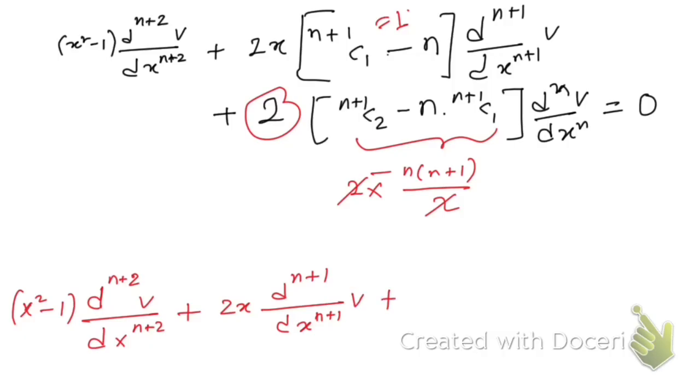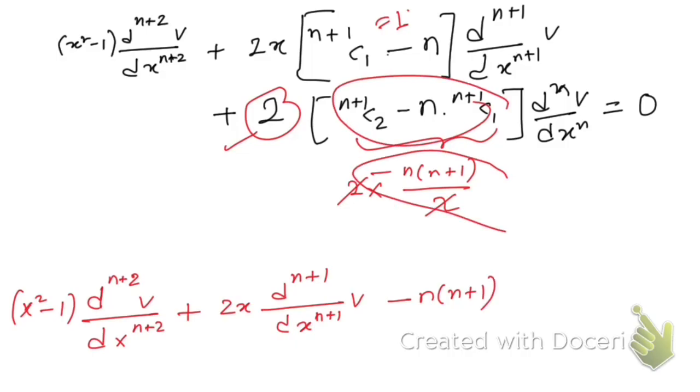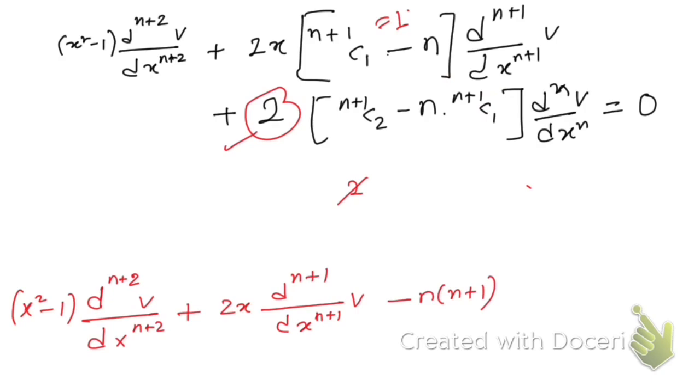Then plus, so these two cancel, so we have got minus n into n plus 1. So instead of this part, if you put this value, then these two will cancel, right? Hope you have understood this. So we're going to have n minus 1 into n plus 1, sorry, minus n into n plus 1, right? That's it.